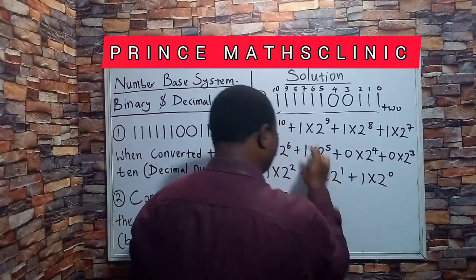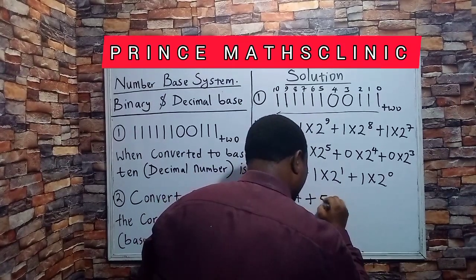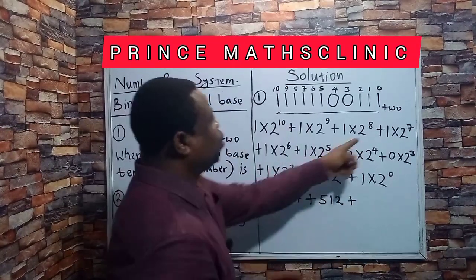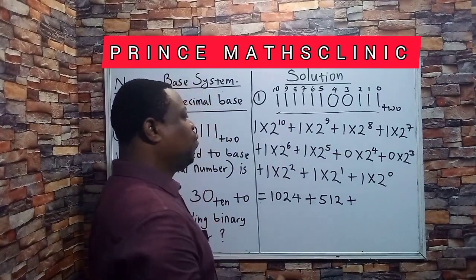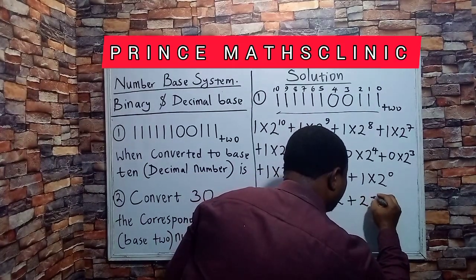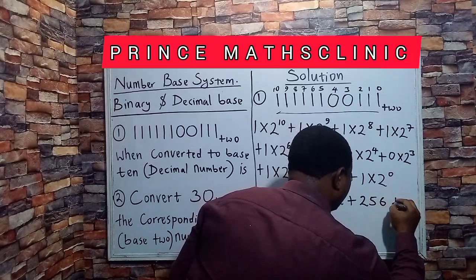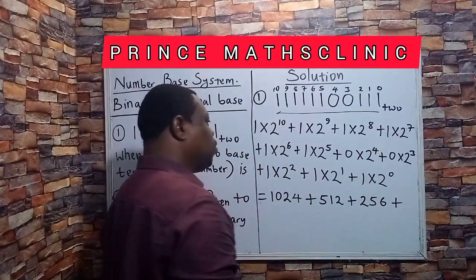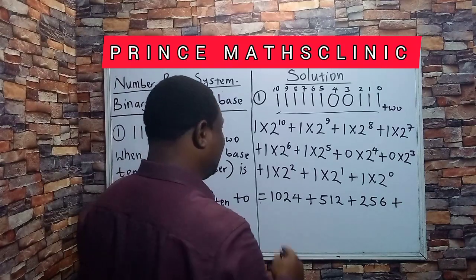I'm going to write it there. Times 1 is 512. Then 2 to the power of 8 will give you 256. Multiplied by 1 will still give you 256. Then 2 to the power of 7 will give you 128.